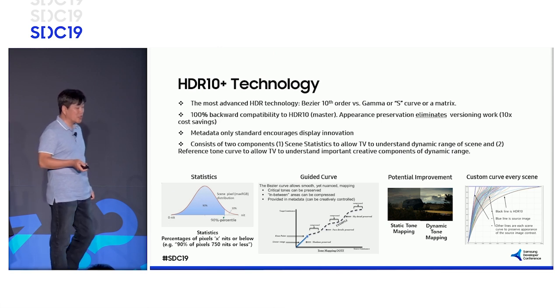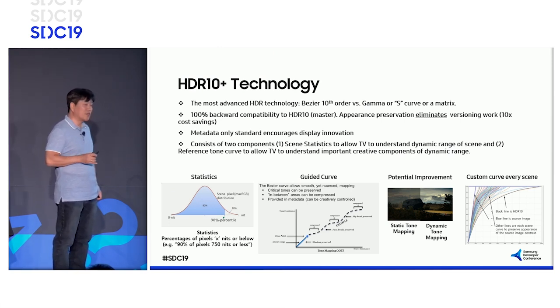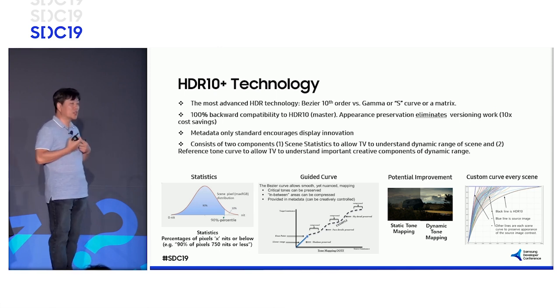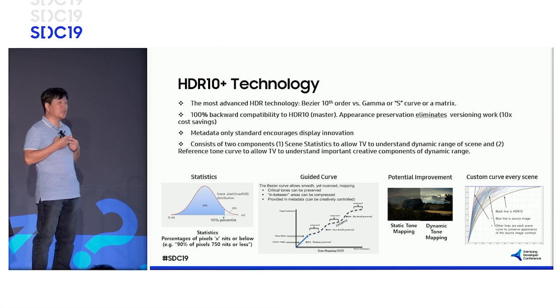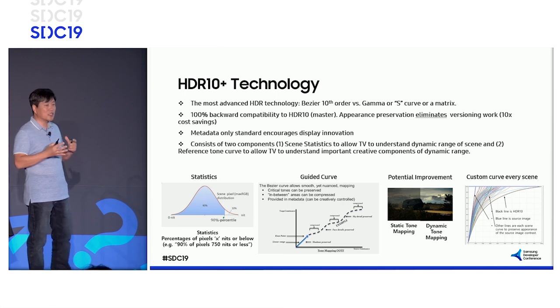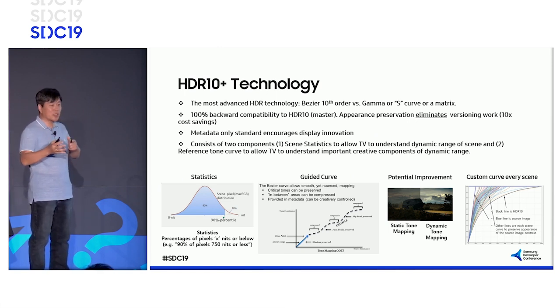Also, this HDR10 plus technology is quite different from other solutions. The reason is we have two approaches to the information. First one is the statistic information, which represents the characteristics of each scene. And also, there is the guided curve we call the OOTF, which means from the content creator side, in order to preserve their creator intent, they can give a guide on how you can map the content from original to the final display.